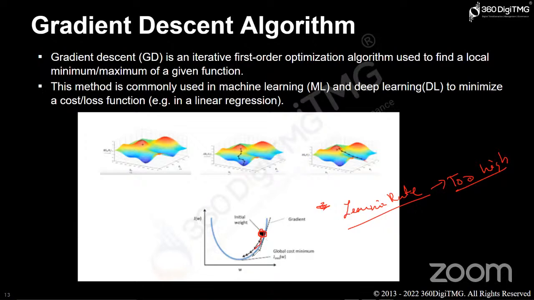Suppose it is too high, so it might never reach the minimum. Maybe from here it jumps directly here, from here again here. So it will keep on jumping and might never reach a minima. This is known as the exploding gradient problem.